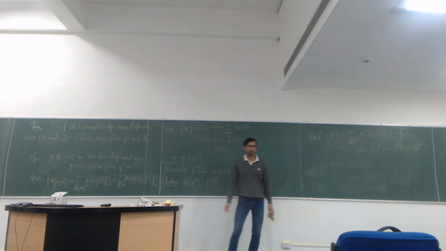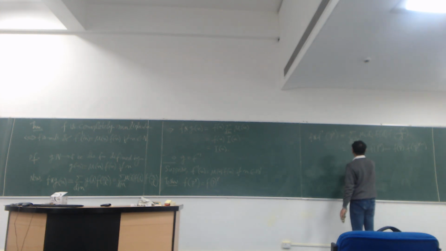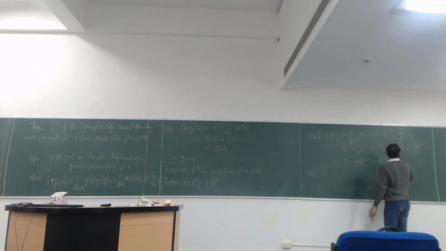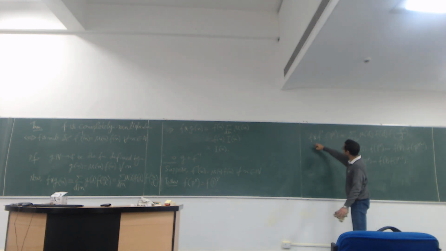That is it, proving the converse. That is f of p^r minus f of p times f of p^(r-1). This is the inverse of f, and if r is greater than 1, then this is taking value 0.